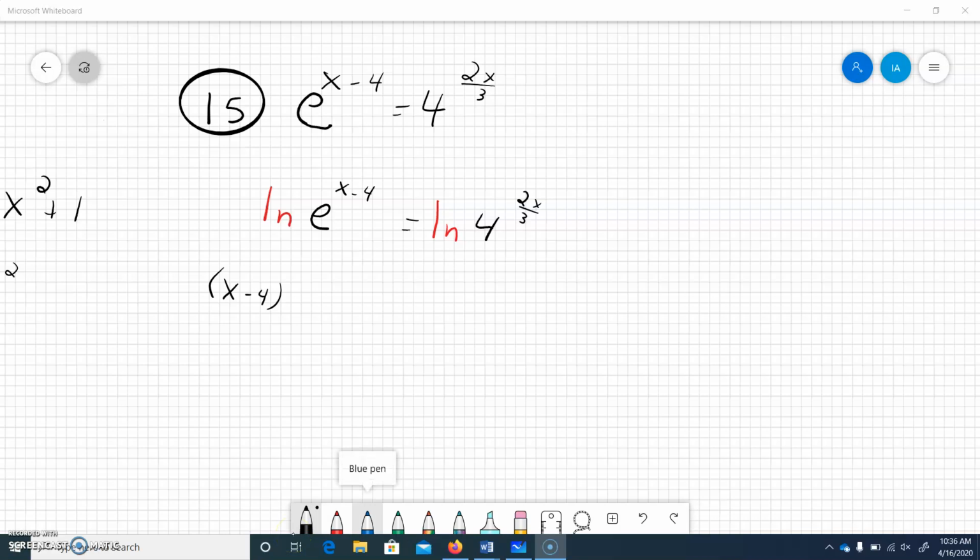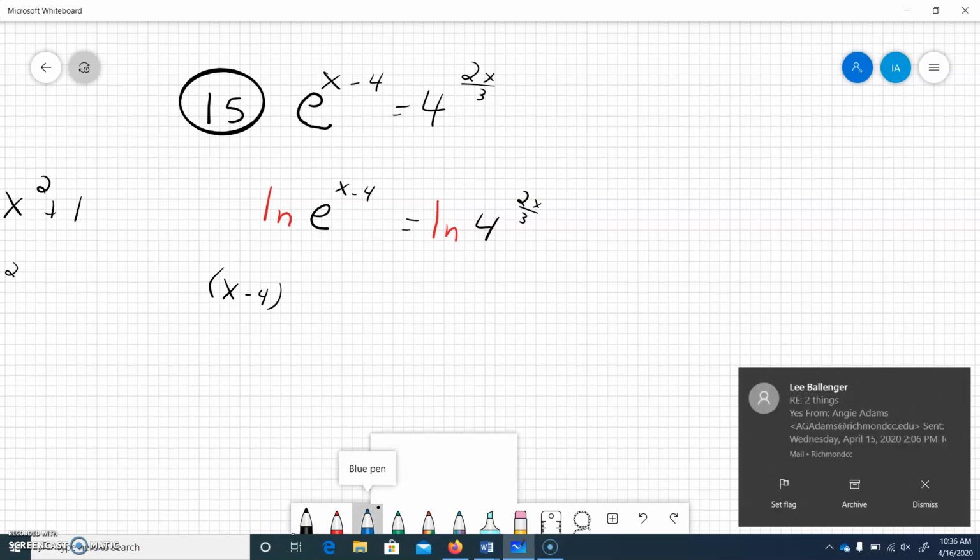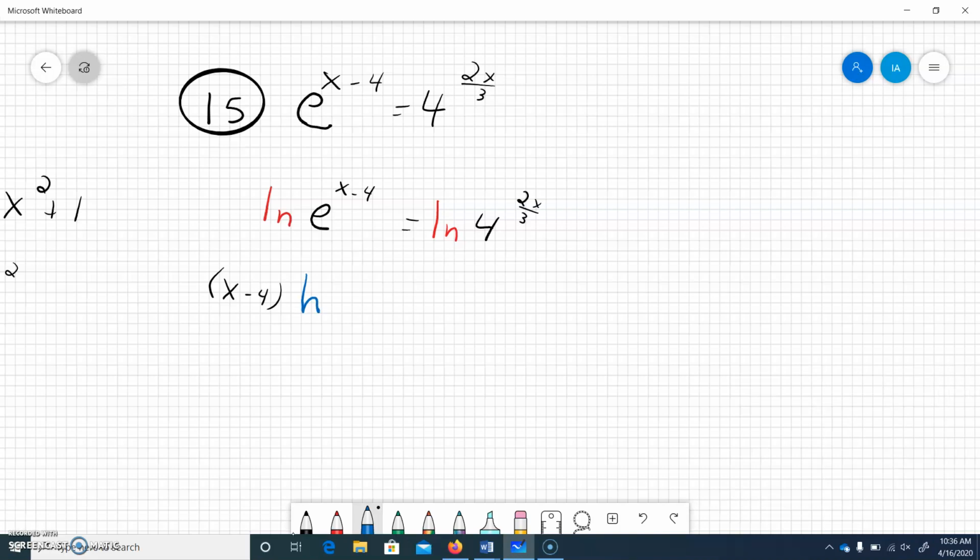So we can pull these current exponents out front. So we'll pull the x minus 4 out front. I can pull the exponent over here out front as well.